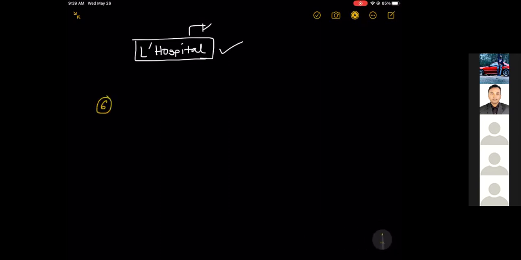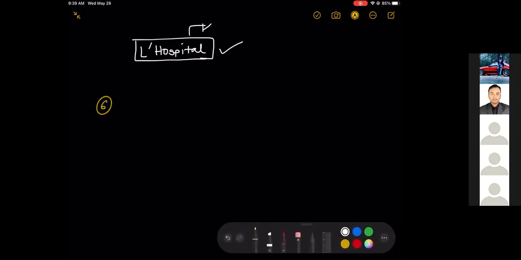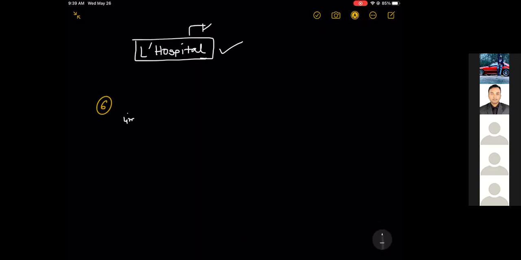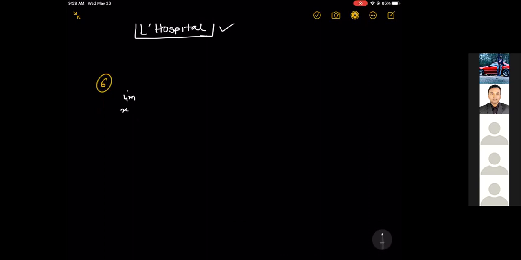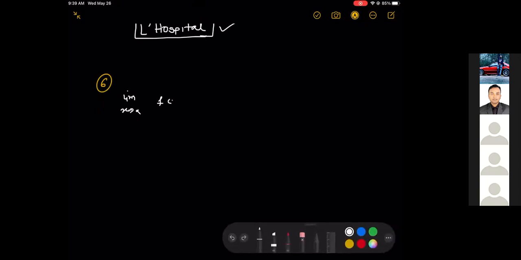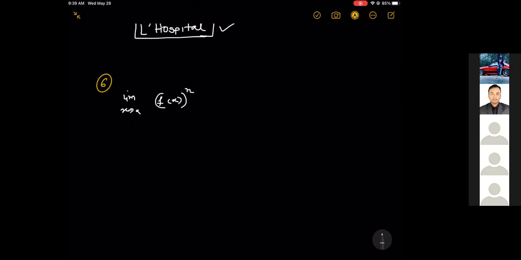Number 6, the power law says, if you find the limit of a function with exponent n, it's actually the same if you find the limit separately like this and then extend it to the power n. It will give you the same result.